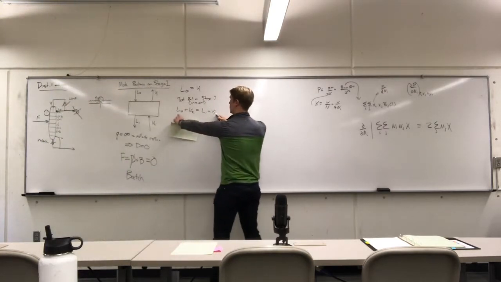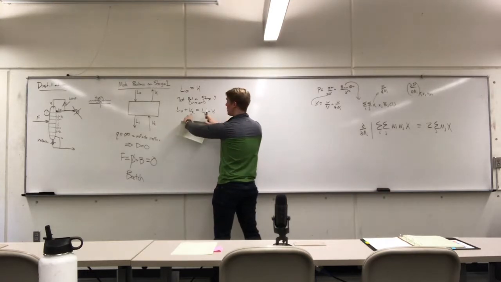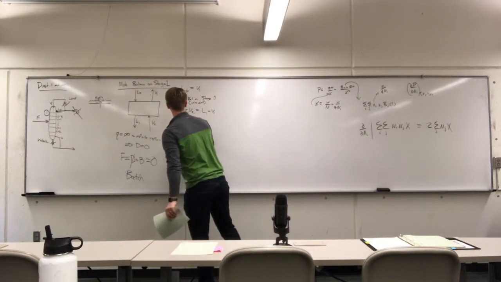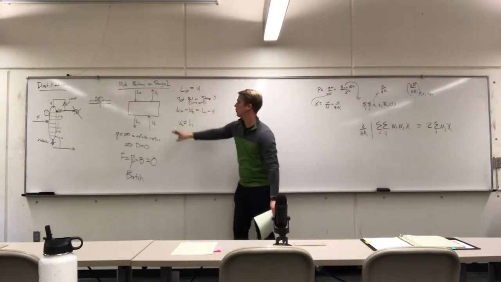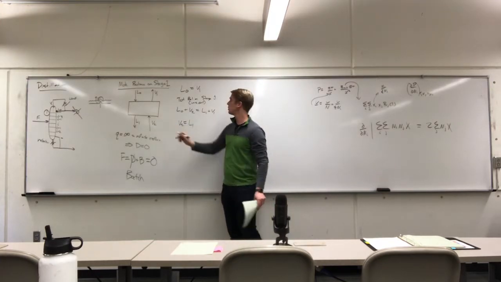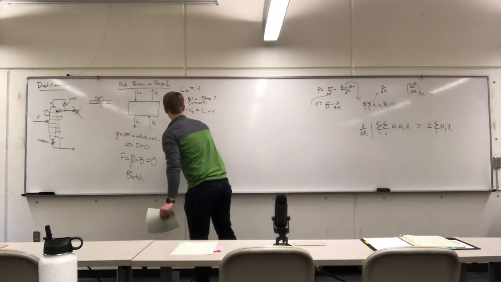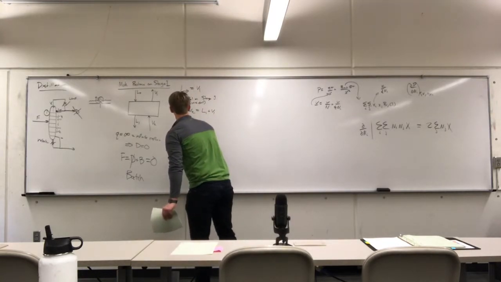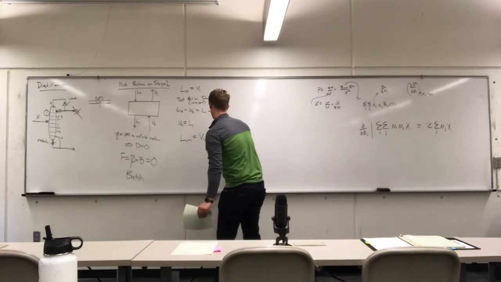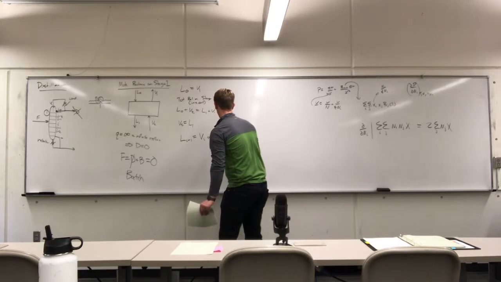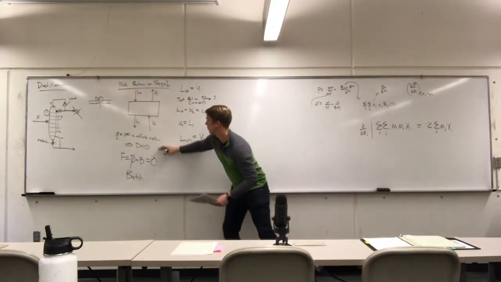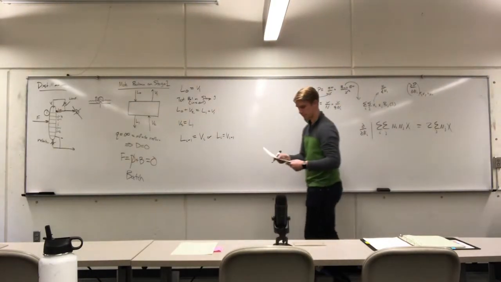So if these two terms are equal, that means these two terms have to be equal, meaning that the flow rate coming in and out of each stage has to be constant. This can be generalized such that L of i minus 1 is equal to V of i, or L of i is equal to V of i plus 1. So every single stage going down has those same criteria being satisfied.